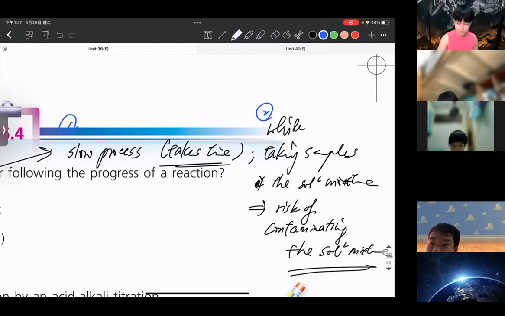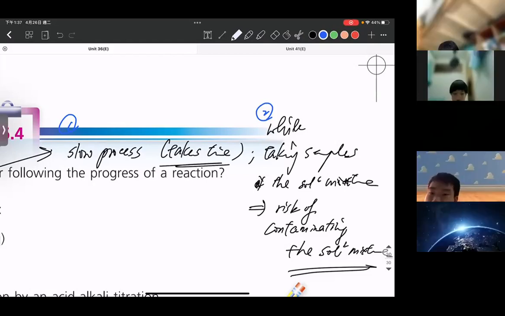You may turn on the mic. For those who read, you know how. Let me know now. No idea? Quench. How will you freeze the reaction?